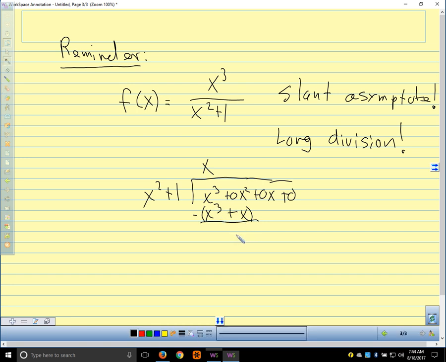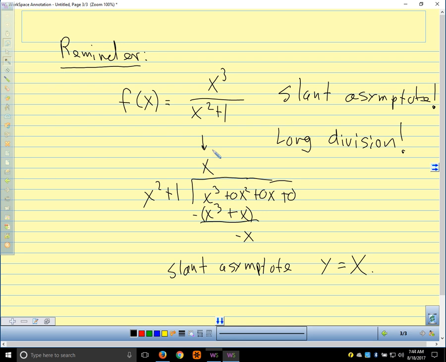And we get a 0x minus x there. And we can't go any further. So our slant asymptote is y equals x. This is what gives us our slant asymptote.